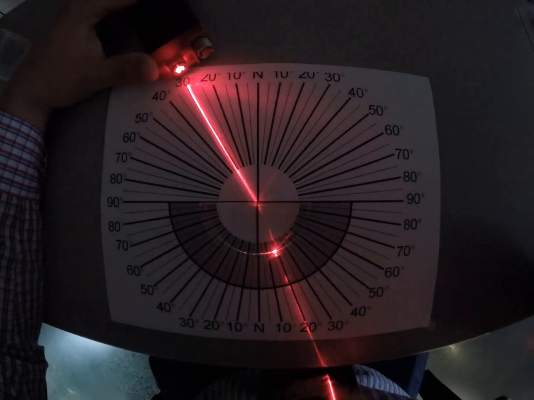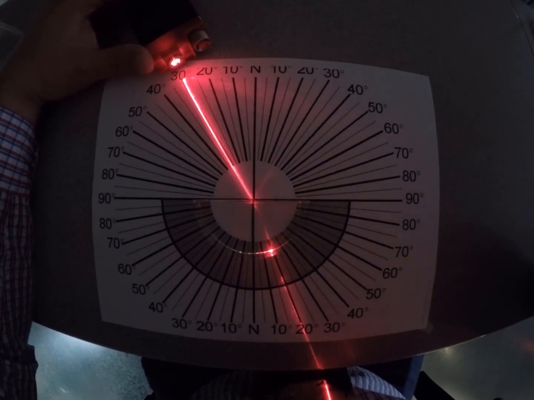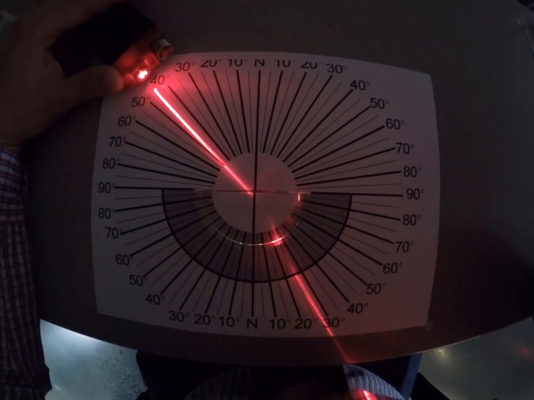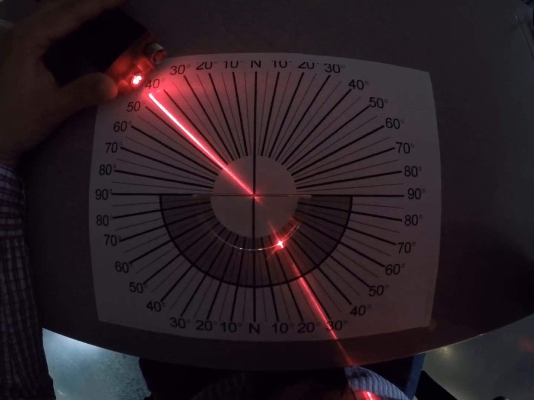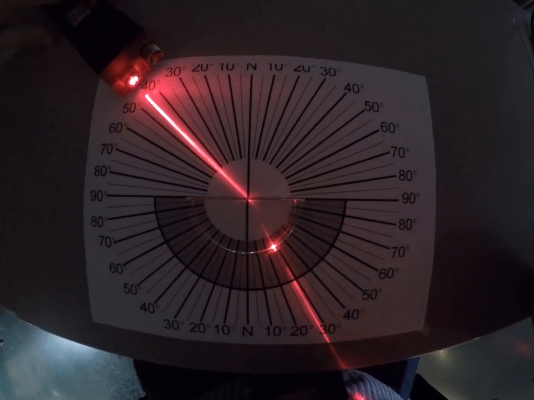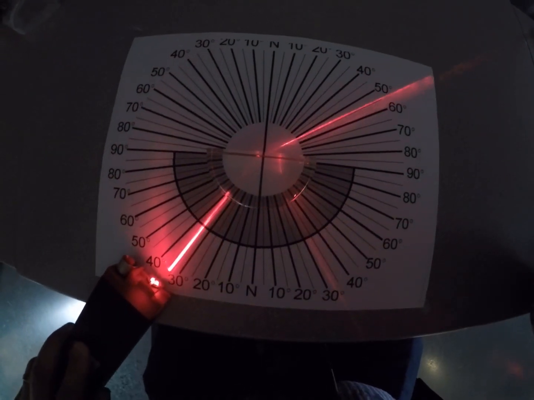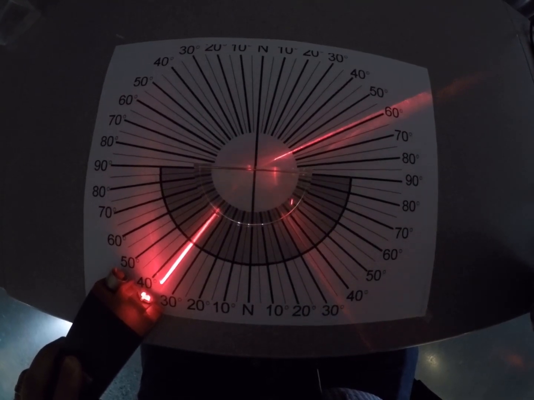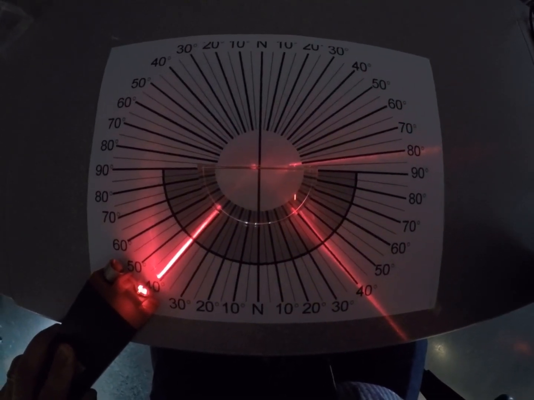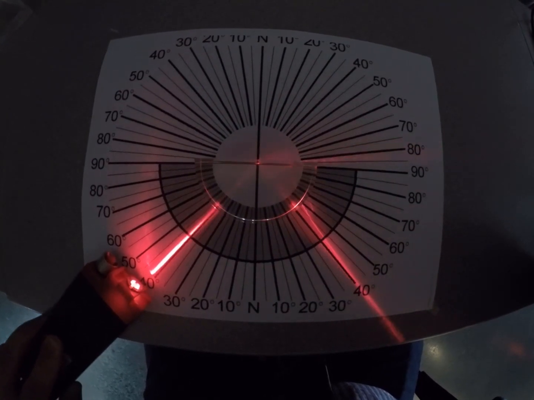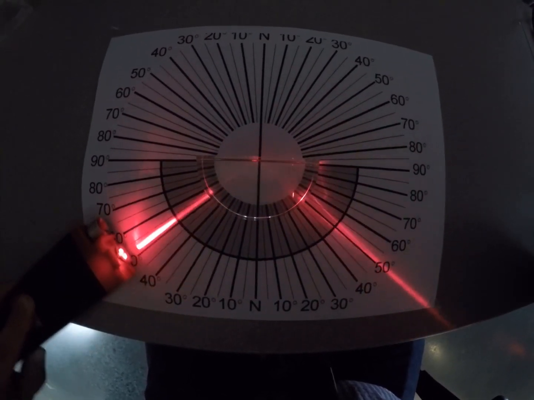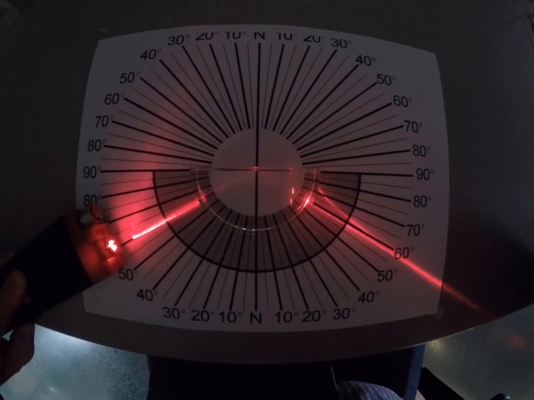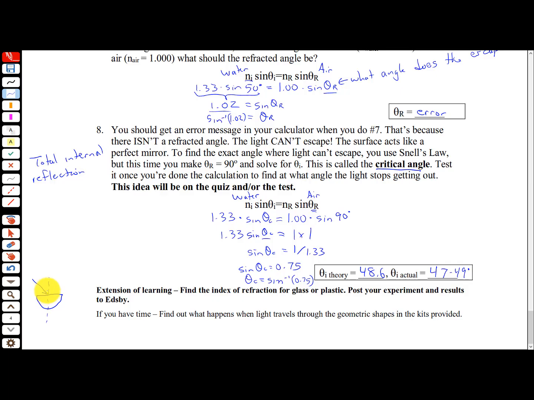As part of the education system at my school, I get kids to do extensions of learning. So go and use what you've learned to do something cool. In this case, we ask the kids to do an extra experiment. If you don't have access to, say, a nice laser light source and a semicircle of plastic, I'm not sure why you wouldn't have that kicking around at home, but in the odd case you don't have physics lab equipment at your place, kids will get a semicircle, and you can shine a laser from either side, see how much it bends, and try to find the index of the plastic.